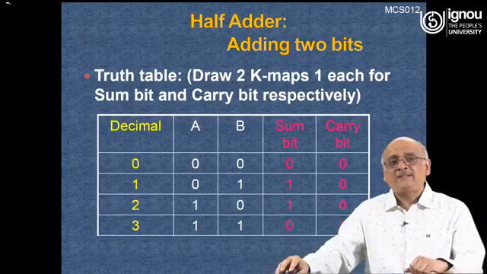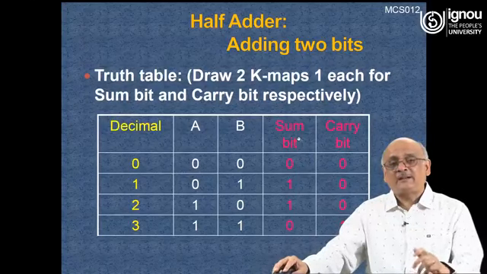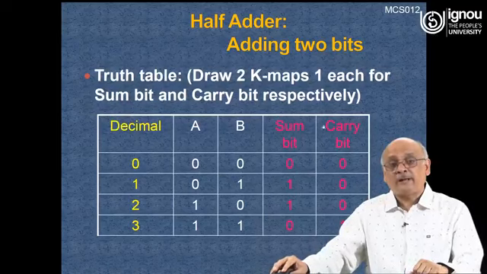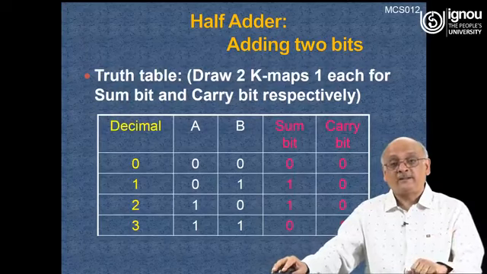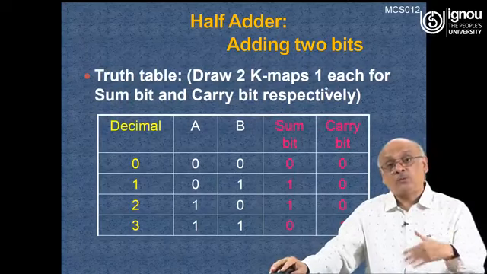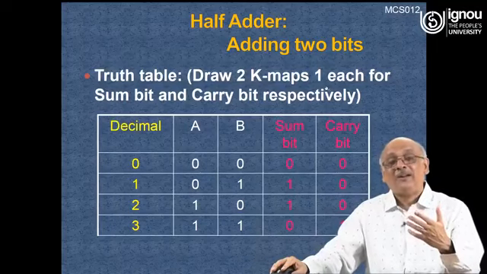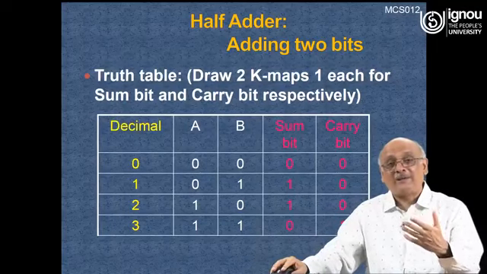Otherwise, there are more techniques like the Quine-McCluskey method, so you can refer to those if you are interested in circuit designing. But circuit designing has moved many steps ahead now, and a lot of programming is done in it.